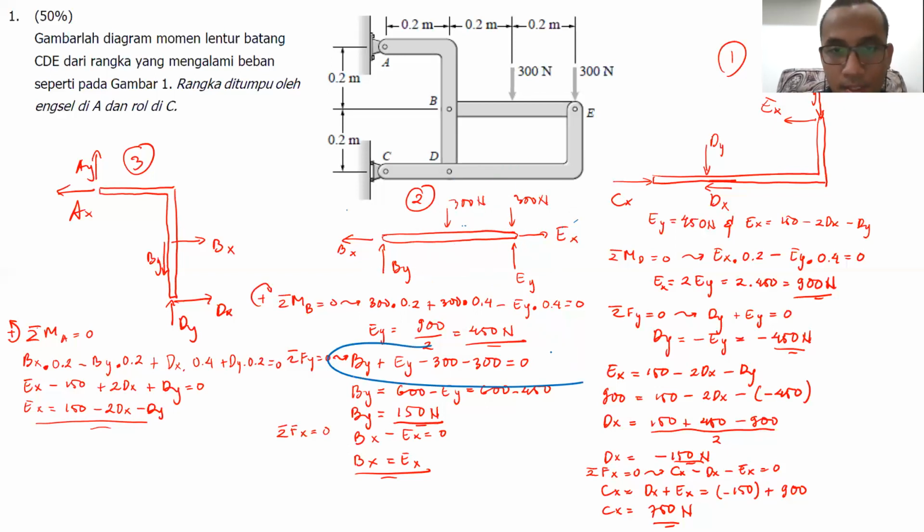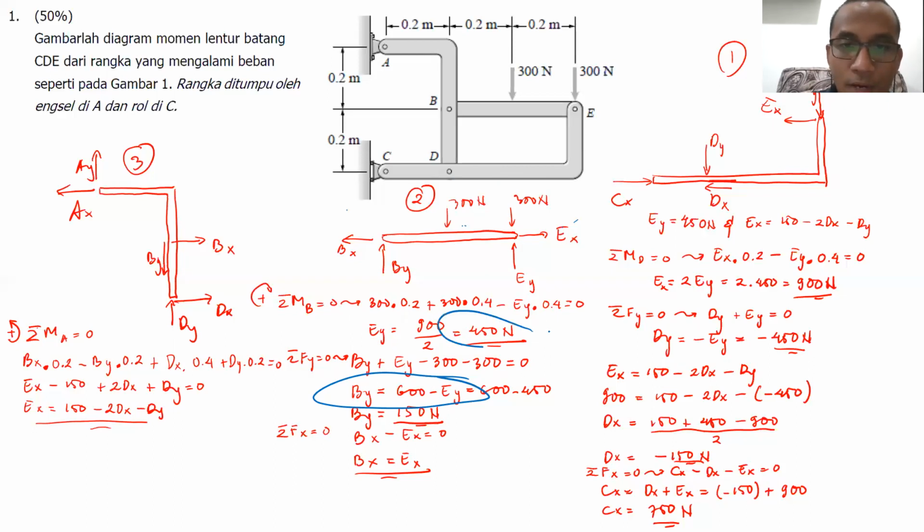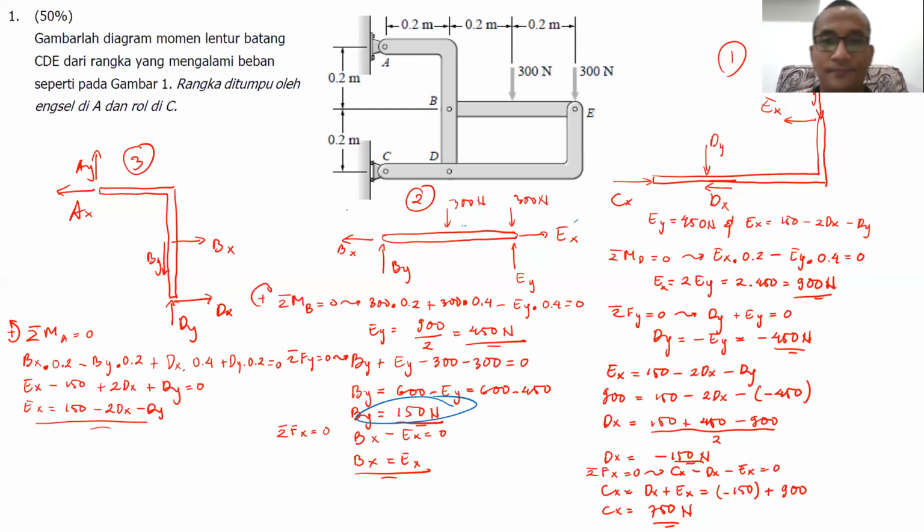Then I can find out that the value of Py will be 600 minus Ey, where Ey, in the previous equation, sigma moment at P, I got already, 450 Newton. So my Py will be 600 minus 450, which is 150 Newton. So I already found Py and Ey.